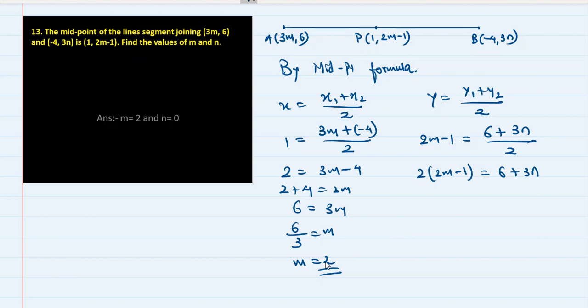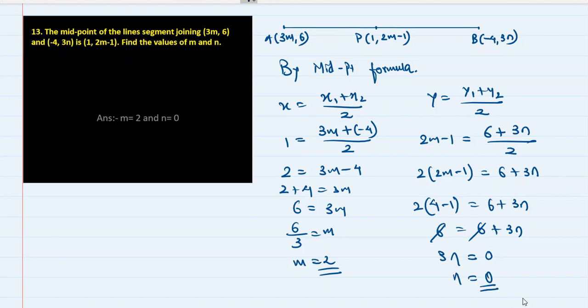We know the value of m, which is 2. Let's put it over here. So 2 bracket 2 2s are 4 minus 1 is equal to 6 plus 3n. 4 minus 1 is 3. 3 2s are 6 is equal to 6 plus 3n. So if we cut the 6, 3n becomes equal to 0. So n becomes equal to 0, right?